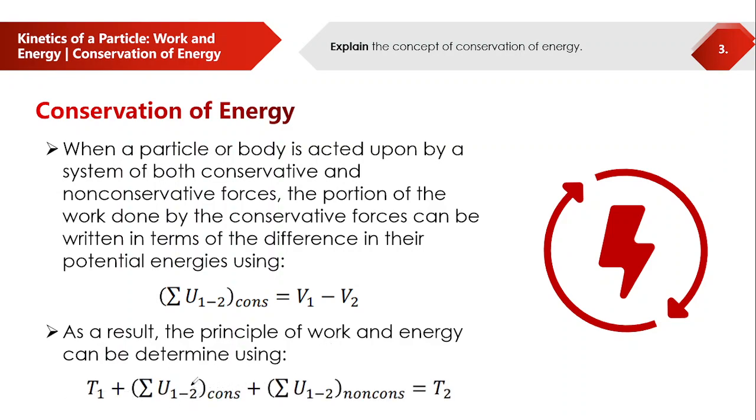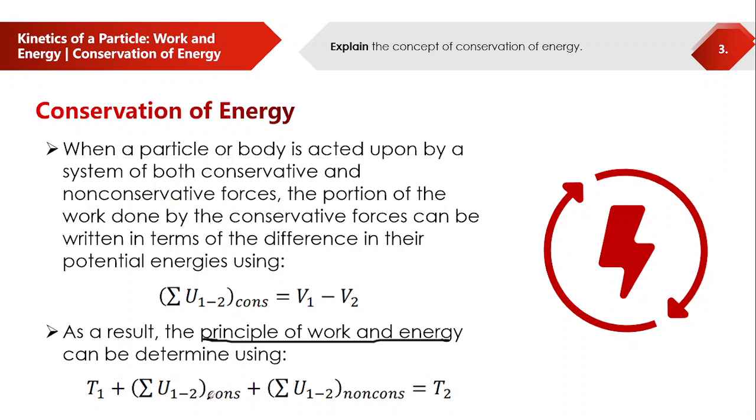Okay? This is based on the principle of work and energy na discuss natin sa lesson 7, okay? Which is the initial kinetic energy and the summation of all the work done by all the forces equals to the final kinetic energy, di ba? Ito yung principle of work natin. So, since dalawang forces yung kinonsider natin, yung conservative tsaka yung non-conservative forces, dapat i-account din natin yung mga work done nila.